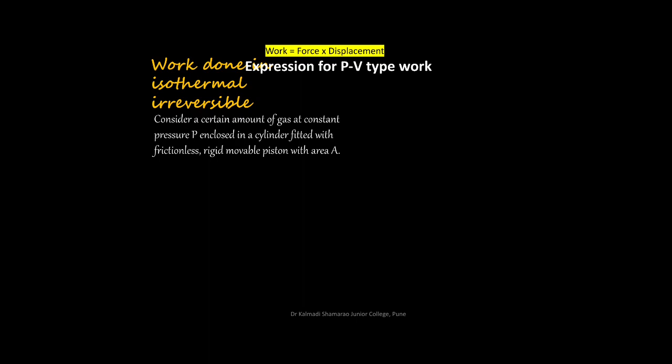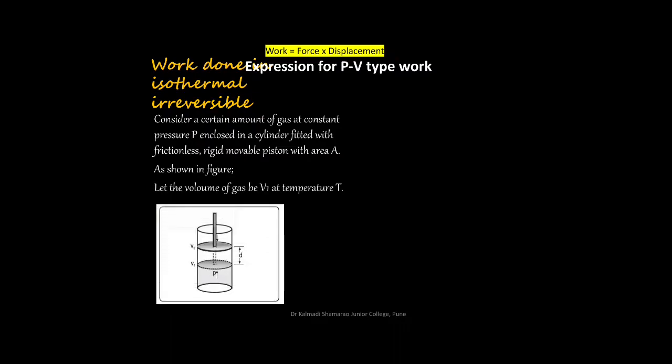Consider a certain amount of gas at constant pressure P enclosed in a cylinder fitted with a frictionless, rigid, movable piston with cross-sectional area A, as shown in the figure. Let the volume of the gas be V1 at temperature T. Here, the work can be given by the formula force into displacement.